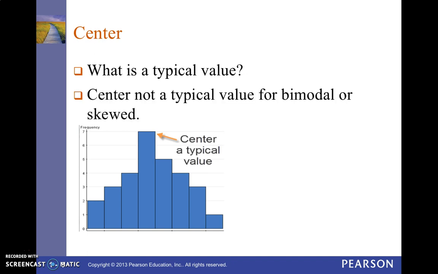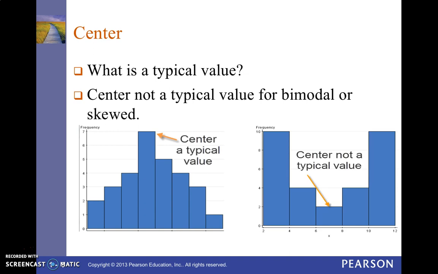There usually is not a typical value for a bimodal distribution, which means there's two lumps, or for skewed data. We'll talk about what that is in a minute, but you'll read about that. So this would be a distribution in which the center is not a typical value. If you look at that distribution, it's what we mean by bimodal. There's two lumps happening in that data.